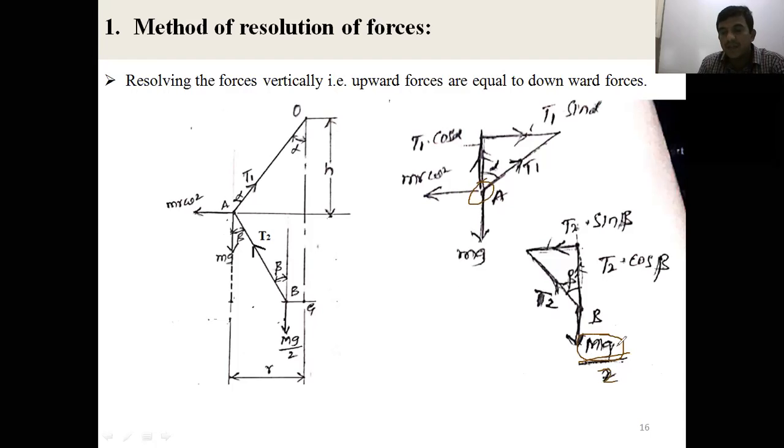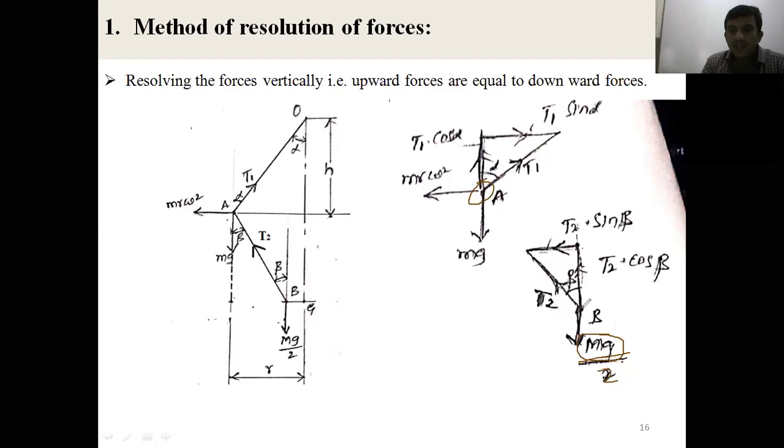On each side it is mg by 2, mg by 2. If you take mg by 2 plus mg by 2, take the LCM, it cancels, and finally you get the total weight of the sleeve, which is only mg, capital M into G.